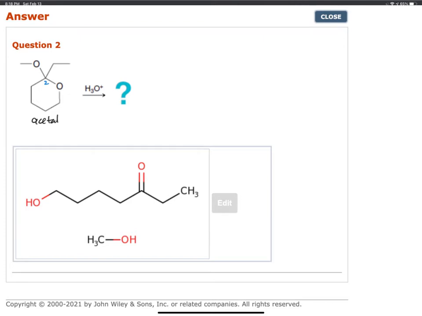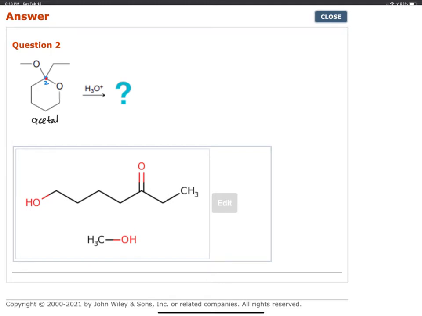So basically, if we're looking at the acetal carbon that's at the oxidation state 2, which I've highlighted as a blue dot, and you look at the non-oxygen groups that are bonded to this, they're both carbon, so we can tell that's going to be a ketone.